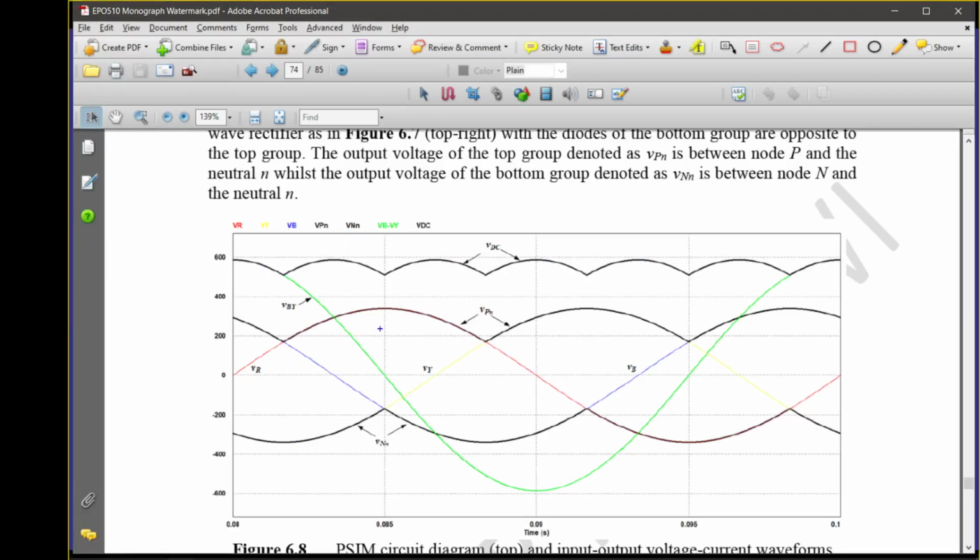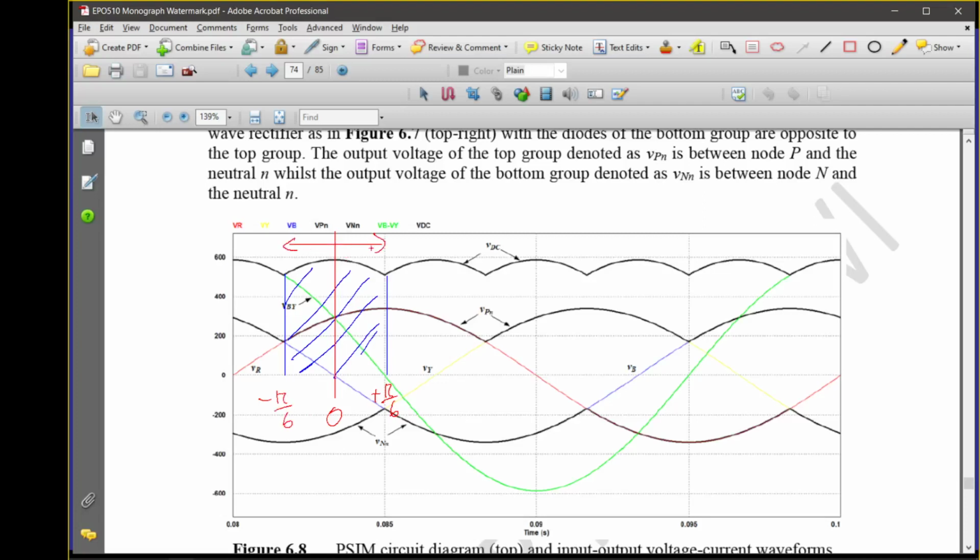Next is how to determine the average. So we take one pass only. Okay, we just take one pass of that, and then you shift to the center of 0 here, and that's why it's split into minus pi over 6 and positive pi over 6, because this is 60 degrees, isn't it?